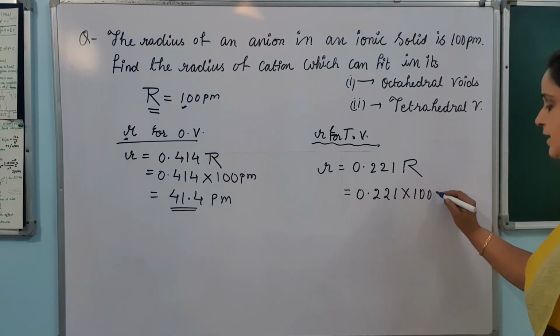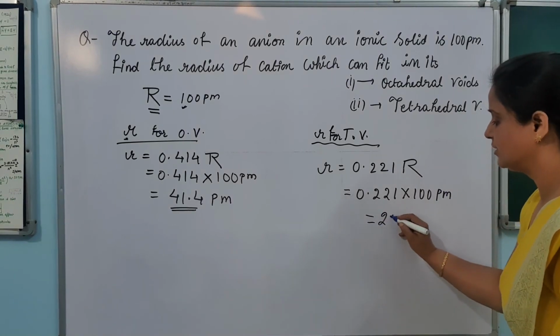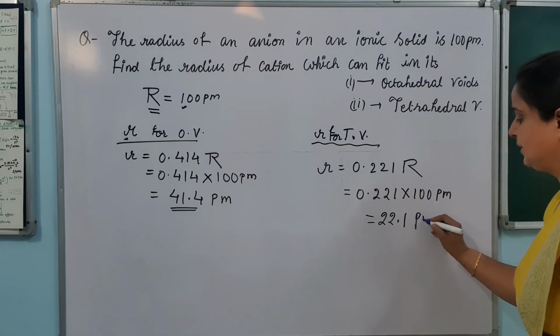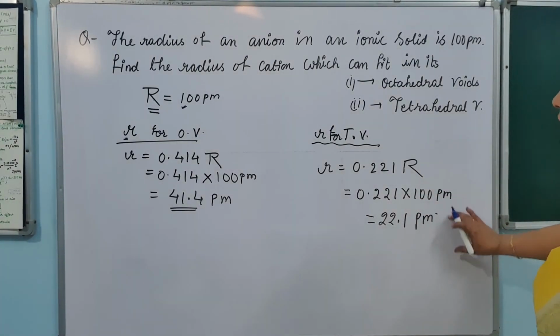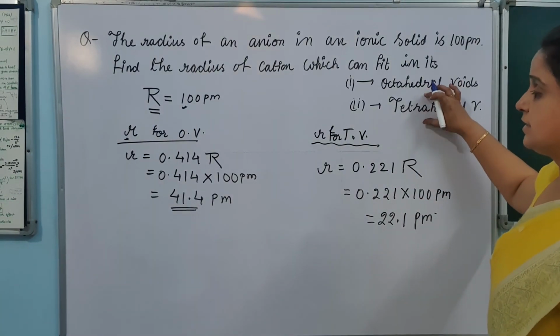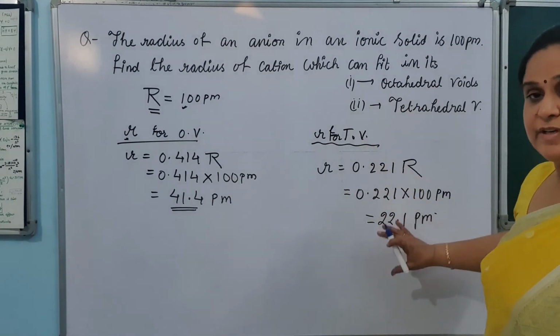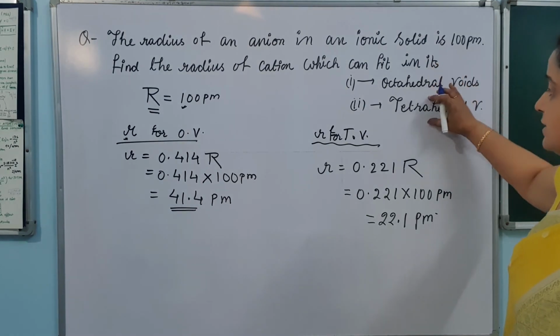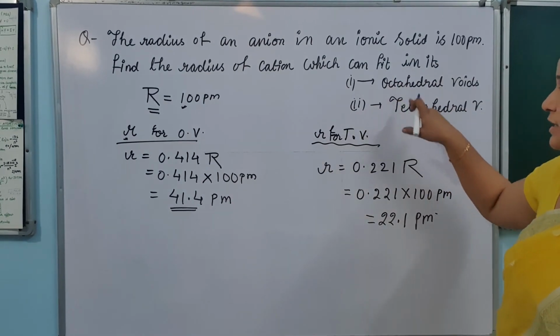The answer will be 22.1 picometer, which should be the radius of the cation if you want it to fit in the tetrahedral voids. This will fit into both tetrahedral and octahedral voids, but the earlier one cannot fit into both because it is larger.